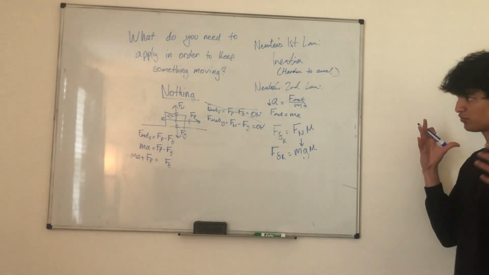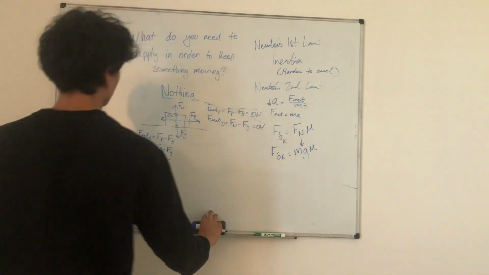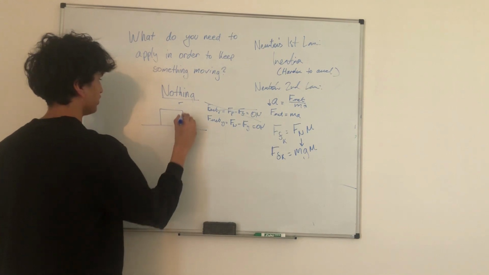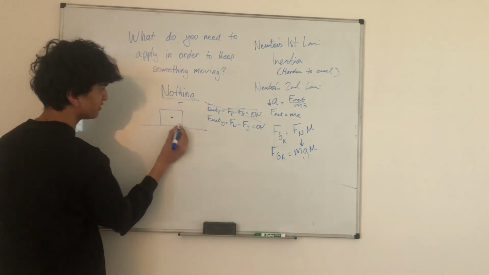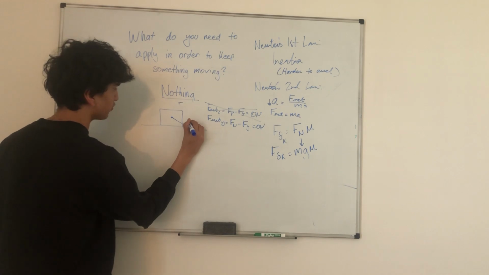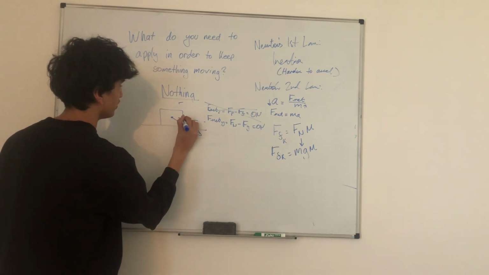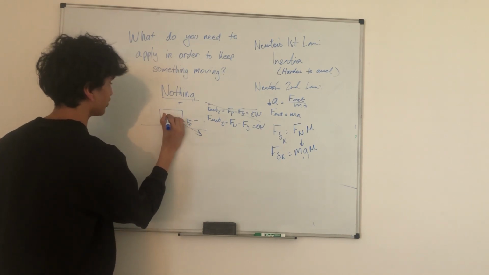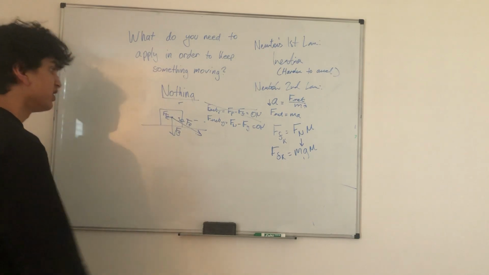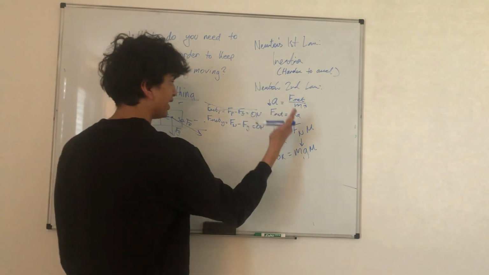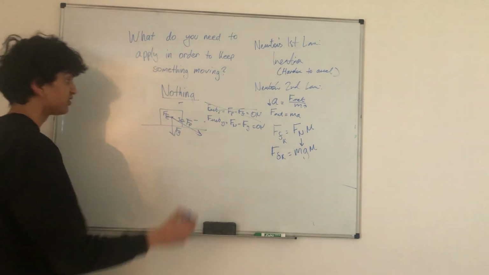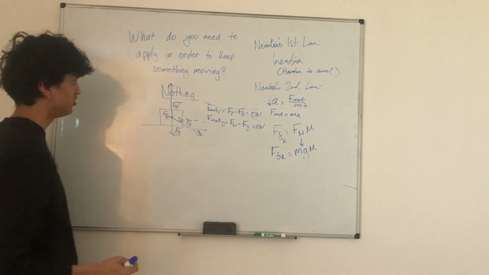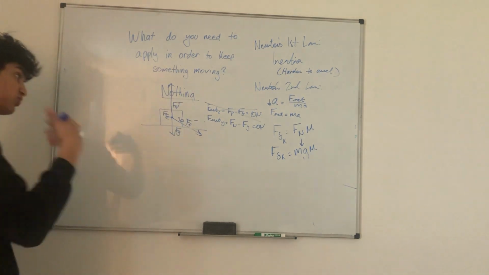But I remember one of the most annoying problems I used to do is when you would have FBDs like this. Oh, I've got to talk about FBDs too. The most annoying stuff will be like this, when you have an angled force, theta, force gravity, force friction. For force friction, you can't just plug in Fg, because in reality, the force normal is a little bit bigger than Fg, since it also has to balance out the downward force caused by the force push.